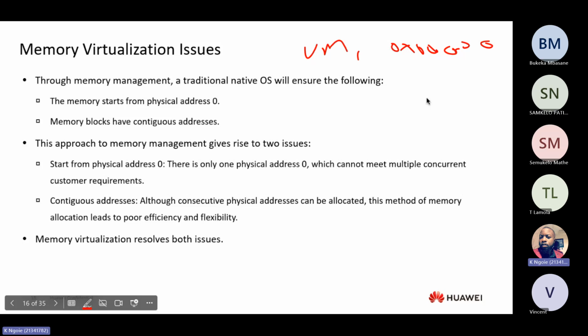And then virtual machine 2, because it's expecting to start from 0, is going to have the same guest address. But the actual physical address for virtual machine 1, the first digit is going to be 1.